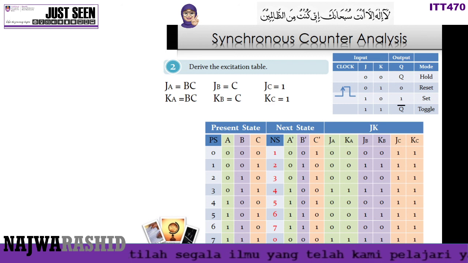So based on your excitation table, you need to draw the transition diagram. Based on this present state and next state, state 0 will go to state 1. State 1 will go to state 2. State 2 goes to state 3. State 3 goes to state 4. State 4 goes to state 5. 5 to 6. 6 to 7. 7 goes to 0 again.